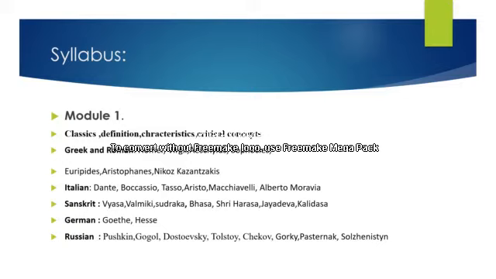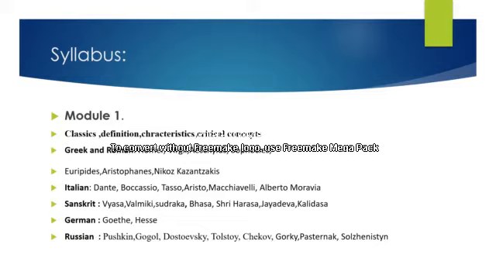Next one is German literature. What do you mean by German literature, and some of the important writers like Goethe, Hesse, etc. Then the last one is Russian literature, and in that stream, we have to study Pushkin, Gogol, Dostoevsky, Tolstoy, Chekhov, Gorky, Pasternak, and Solzhenitsyn.